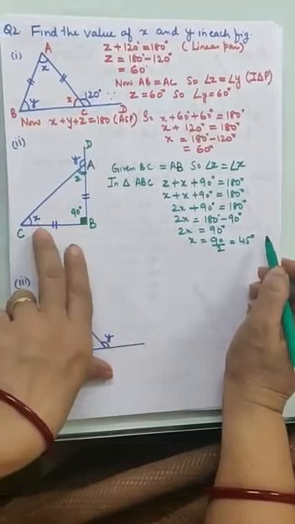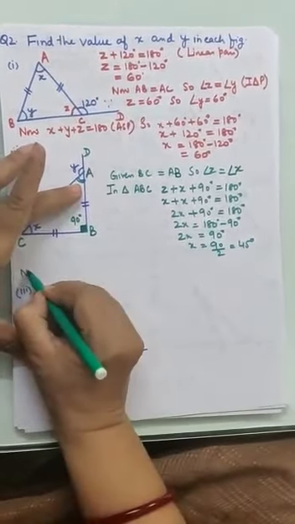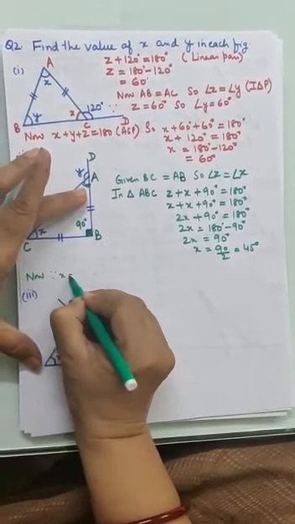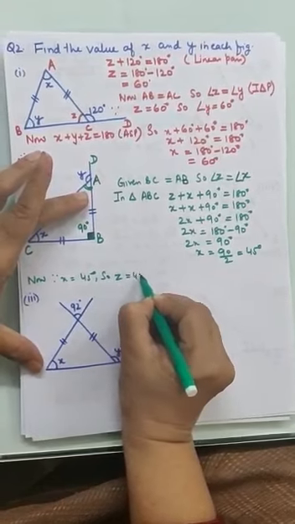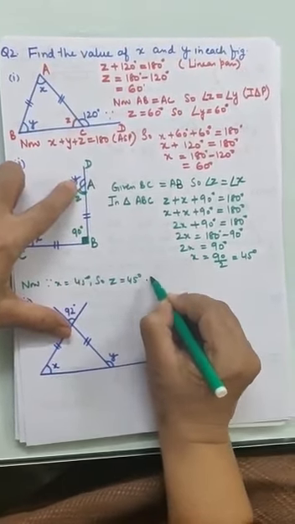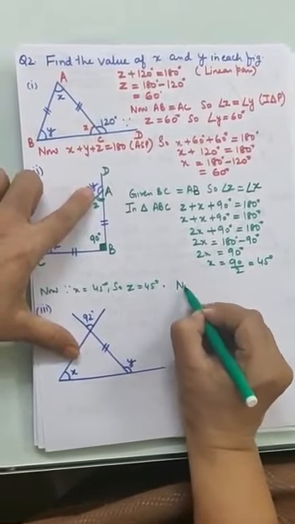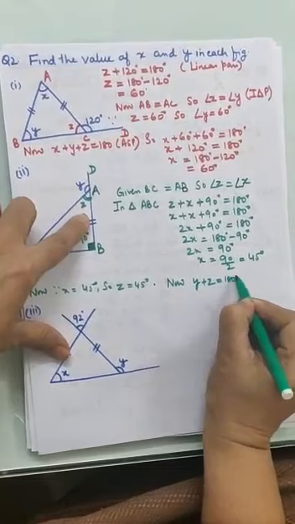Now see, your X is 45 degree, so Z is also 45 degree. Now we have to find out Y. So to find out Y, what do we take? Y plus Z is equal to 180 degree.